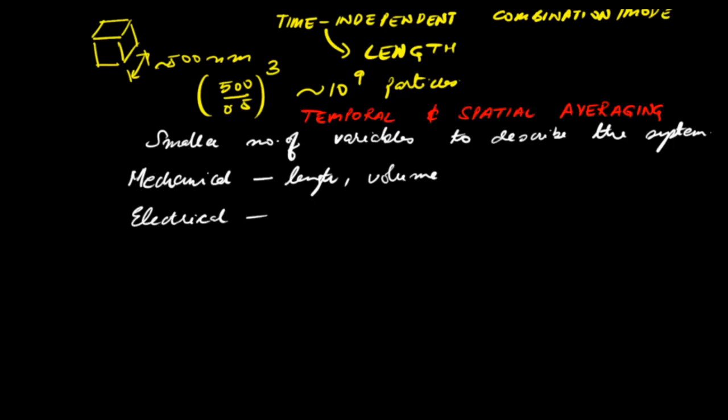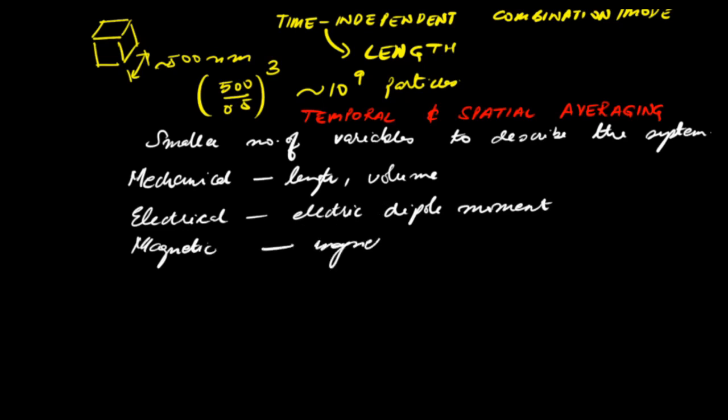For electrical systems, the variables that we are left with are the electric dipole moment, and similarly for magnetic systems, we have the magnetic dipole moments. But we are going to focus mostly on mechanical systems in this course. So clearly, due to this averaging process, we have been able to reduce the number of variables with which we are going to work.